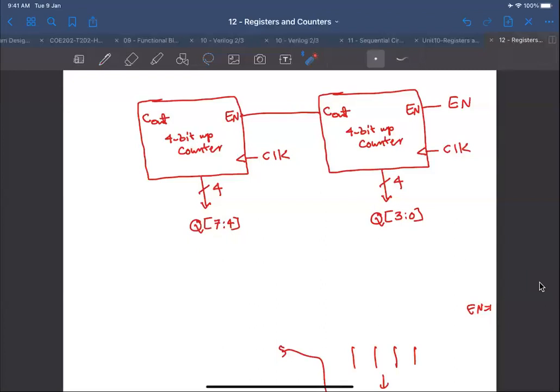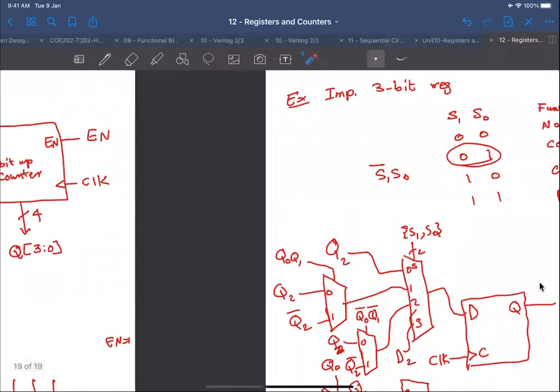Or enable is 0. Yes, both. So if enable is 0 or the counter hasn't reached its maximum potential, then C out is 0. If C out is 1, it means increment the next 4 bits by 1. Yes. So this is how you implement it.